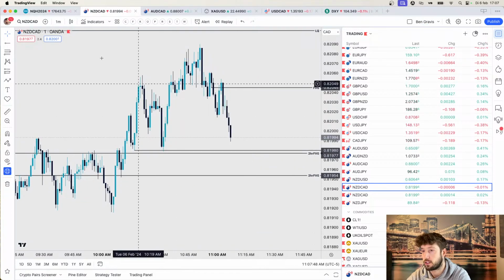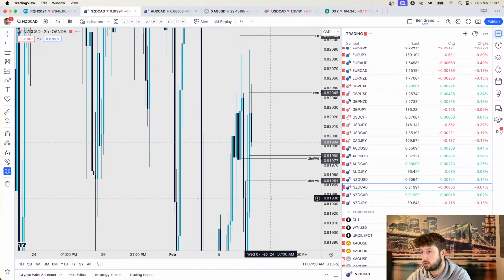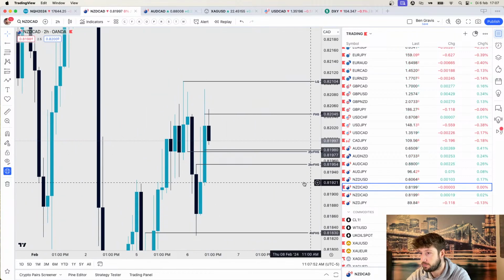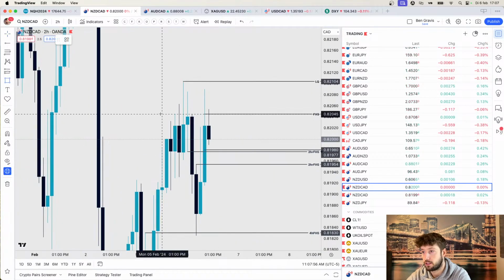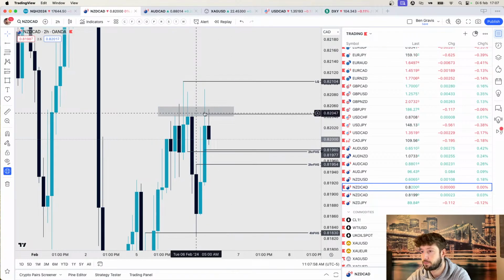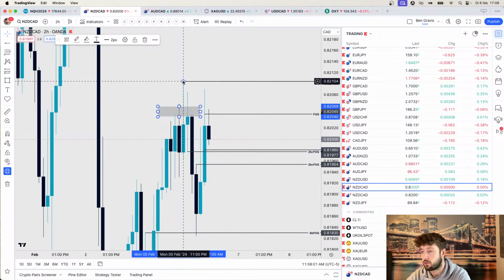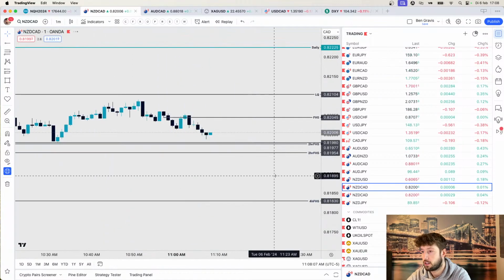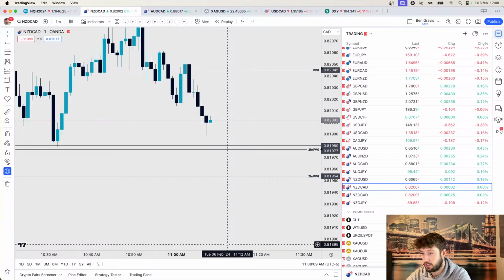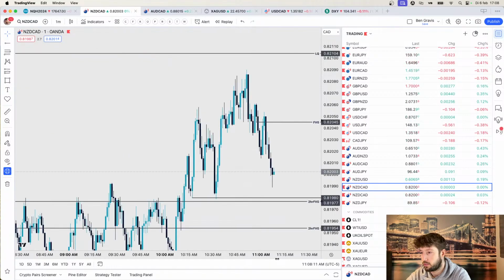Let's see what it does here, because that was your 2-hourly close. So we closed above, although we've hit a box of liquidity. So it didn't really go towards that zone, but I'm still looking for higher. So let's see if we can find a setup to long again.